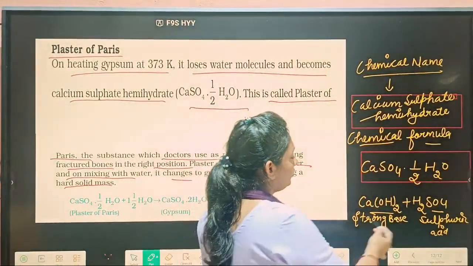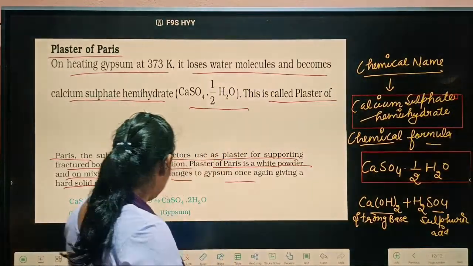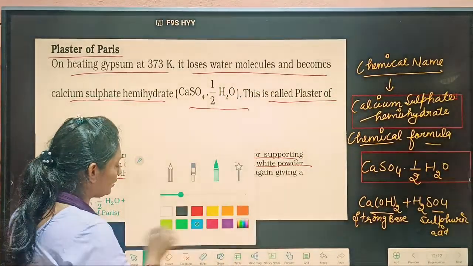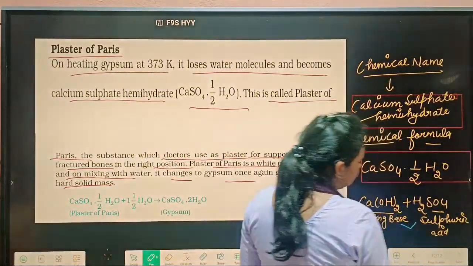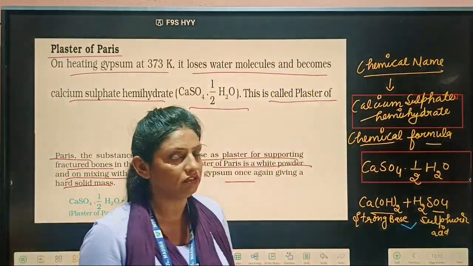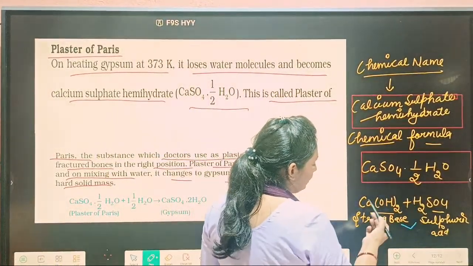Okay, so strong base and strong acid. And you know very well, when acid and base combine with each other, then they show the neutralization process. What will happen? Salt formation takes place.